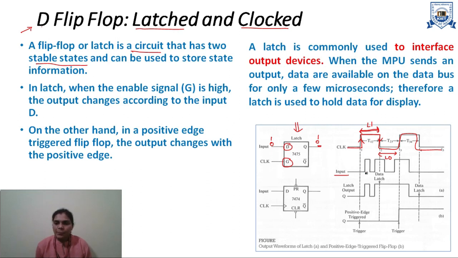Here we have an input signal, and the latch output will depend on the level. If we assume that this latch is a level sensitive latch, it will sense the level and provide the output according to this level and input. So here you can say there is continuous change in output during level 1.